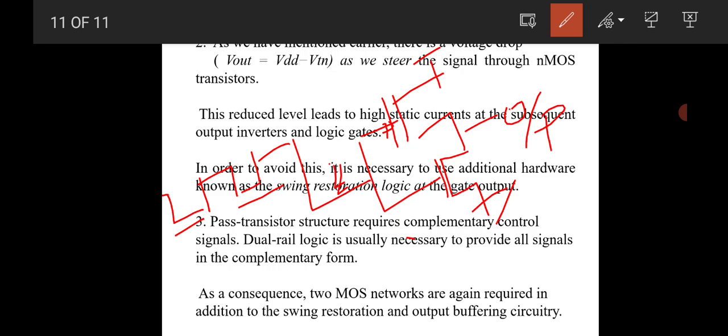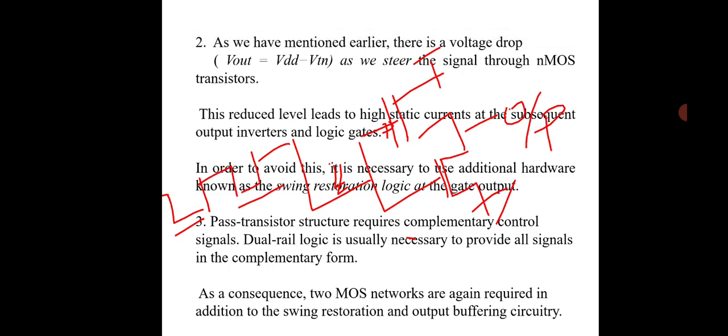The PMOS is also not sufficiently turned off, because 2 volts is greater than the cutoff voltage of the corresponding PMOS transistor. At that time there will be some problems. So for that purpose we need to provide some swing restoration logic. With the help of that we can achieve the corresponding scenario, right? So that is one more important point.